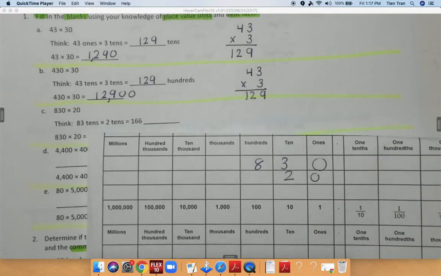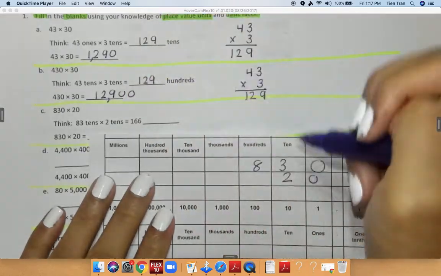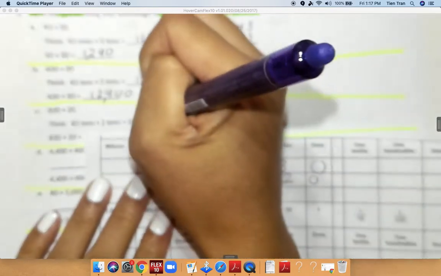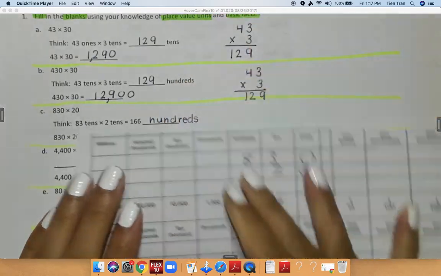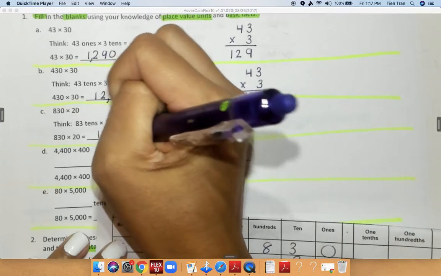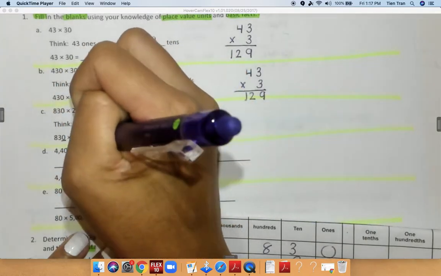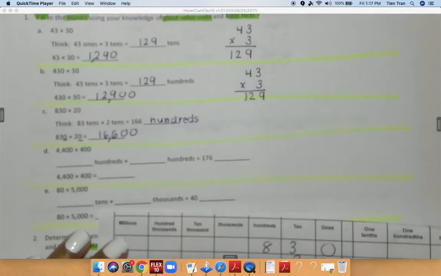Okay, they're asking you 166 what? It's going to be hundreds. Because now look, your 8 is in the hundreds place, so I'm going to write down hundreds. Okay, so 83 times 2, they told me is 166, and then I'm adding my 2 zeros at the end. And I get 16,600.